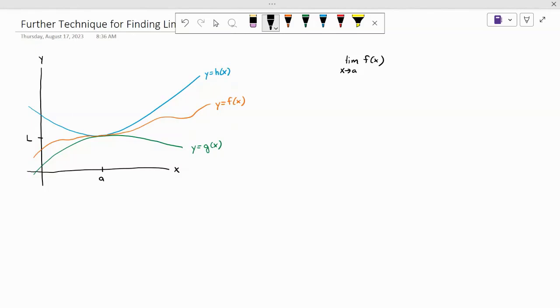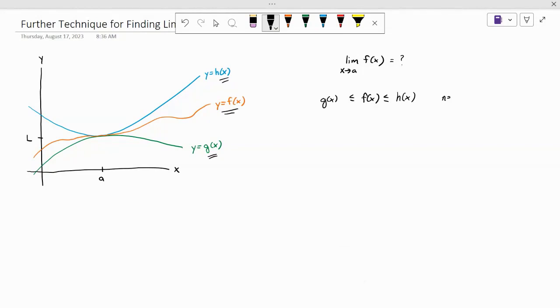So here our function is in orange, and you want to know, what is this limit? If you're able to sandwich your function, let me just write this in black, okay. If you're able to say that your function is between two other functions, you have the lower bounding function, which is in green, and an upper bounding function, which is in blue.